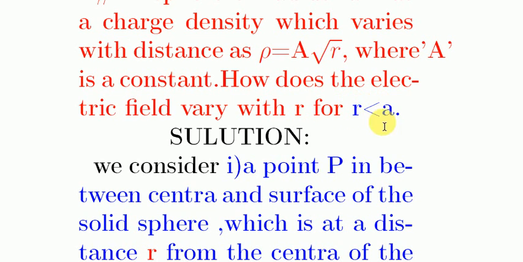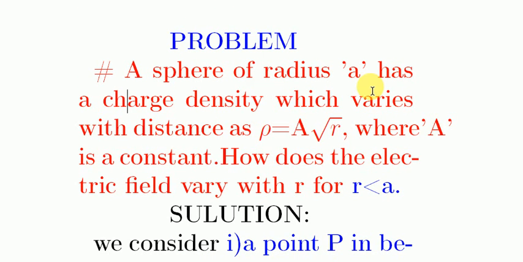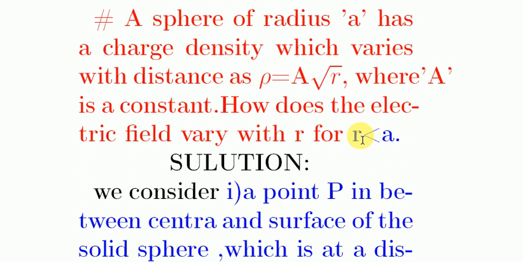From this part of the problem, r less than a indicates that the point where the volume density of charge is given by this equation is inside the surface of the solid sphere. Because small a is the radius of the solid sphere, and r is the distance of the point from the center, which is less than the radius, the point is inside the surface of the sphere.